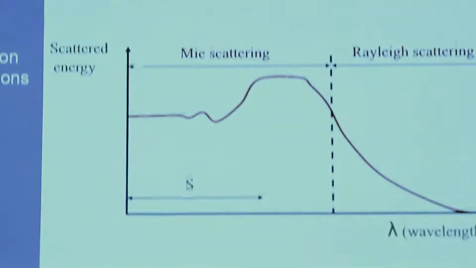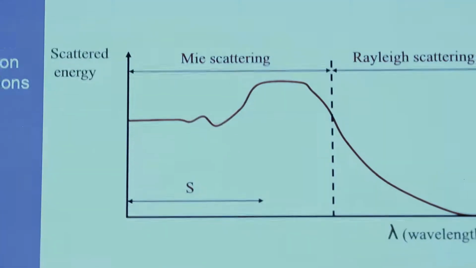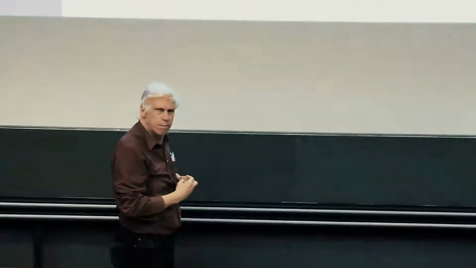So the size S is here the size of a water droplet. It's huge compared to the wavelength of light. And so we have there that non-selective scattering going on for all the different wavelengths. That's why clouds look to us like being white or greyish, anyway, non-colored, because all the wavelengths undergo the same level of scattering.